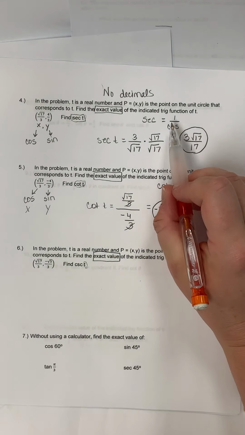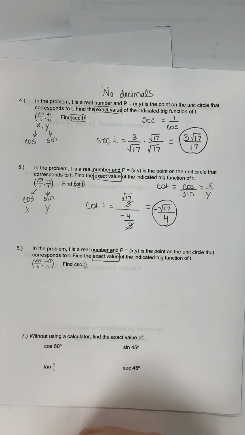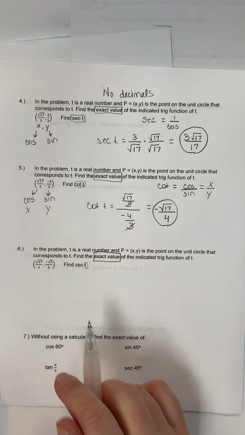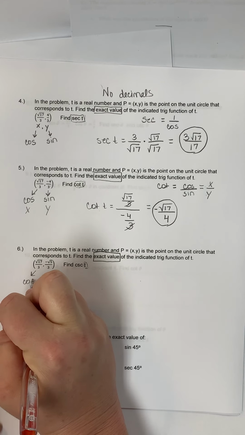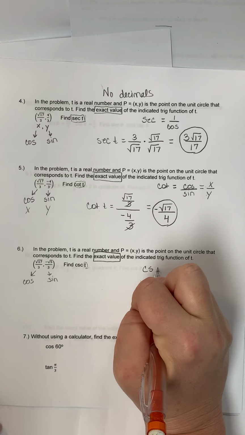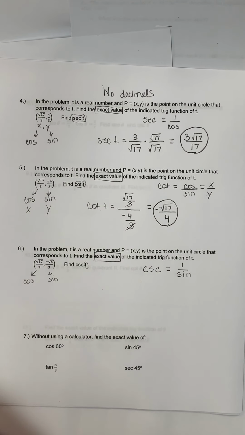So you need to make sure that you're remembering all of these little guys and how they relate. All right, here we go. Next one, we want to find cosecant. And again, we're on the unit circle, so this is cosine, this is sine. Cosecant is the reciprocal of sine.